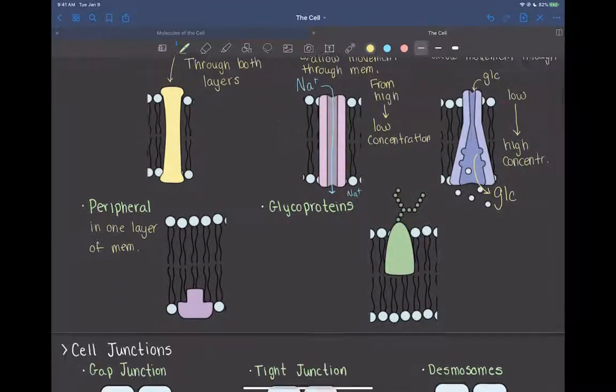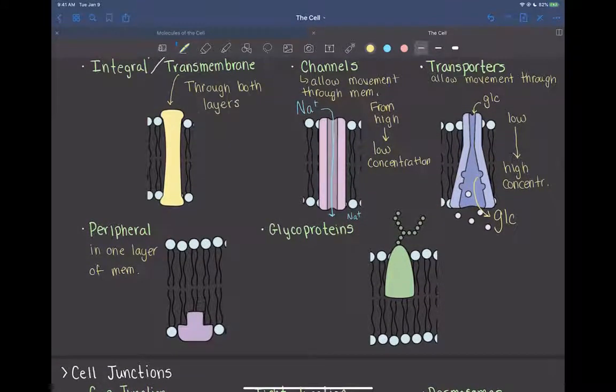All right, and then lastly, we have an example of a peripheral membrane protein. So this would be a glycoprotein, okay? And so this would be an example of the type of proteins that are used to identify the cell, right? So these ID the cell.